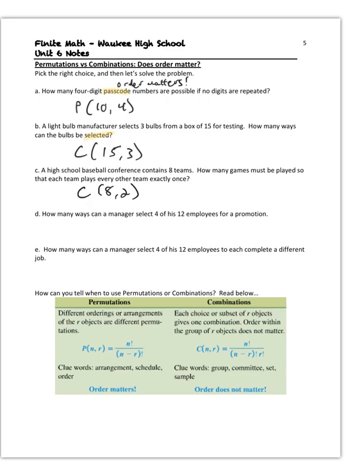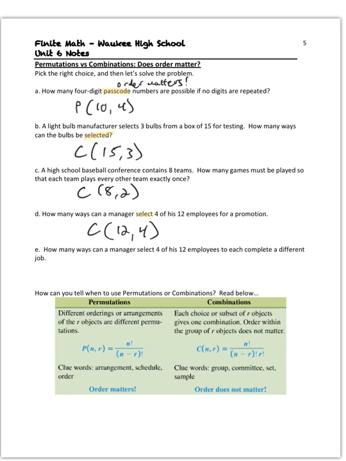Now, the last two are kind of interesting because it says, how many ways can a manager select? Okay, so once again, there's that magic word select, and that's going to signal that we're interested in a combination here, choosing 4 of the 12 for a promotion.